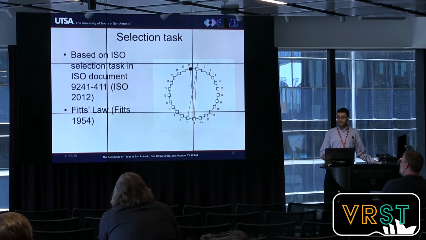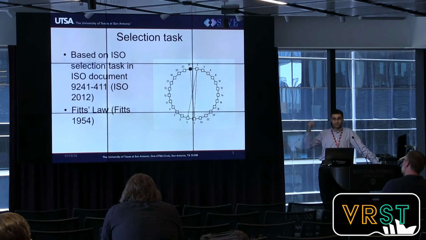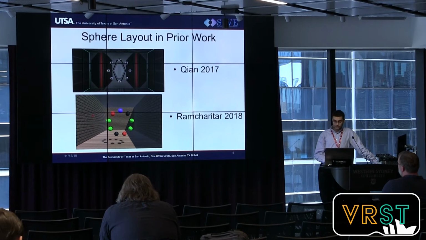So just like in the previous presentation, it's the same selection task. You just have a circle of objects, and you just go back and forth across the circle until you have everything selected. And there's several previous papers where they did this, and we just based our design off those.